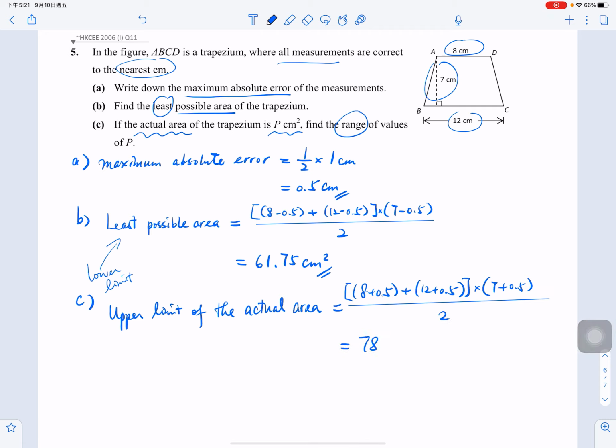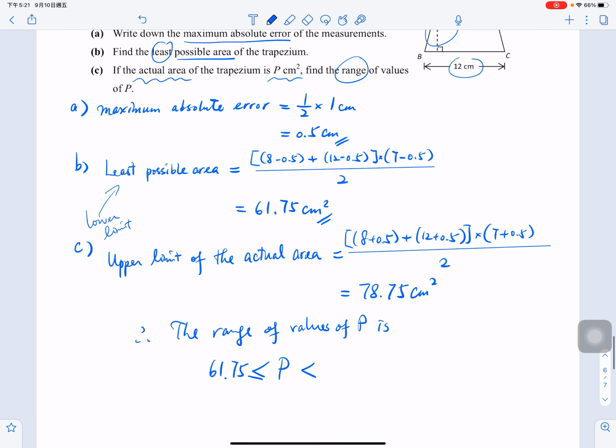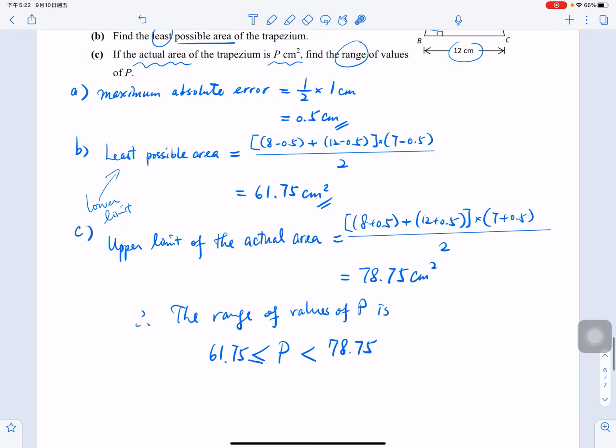So you see that 78.75 cm squared. As a result, the range of values of P, okay, use the inequality sign. Remember, this one is equal to the lower limit, 61.75, and then smaller than the largest one, 78.75, but not including this value. Understand?